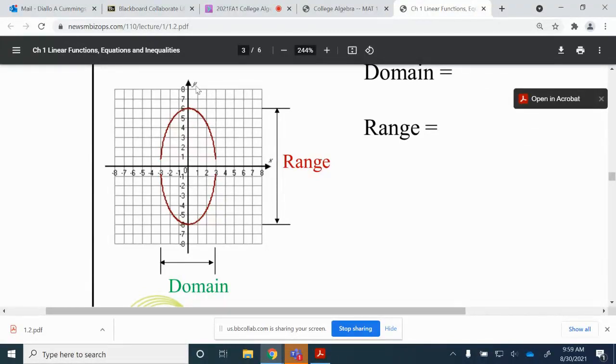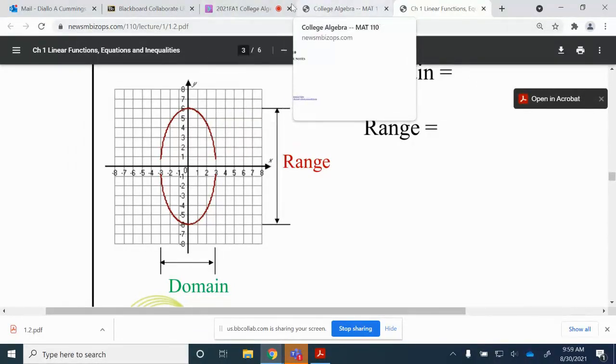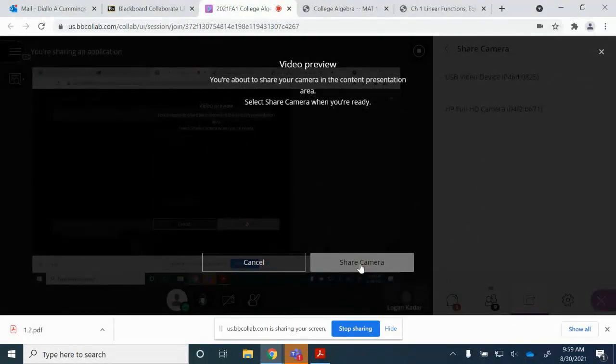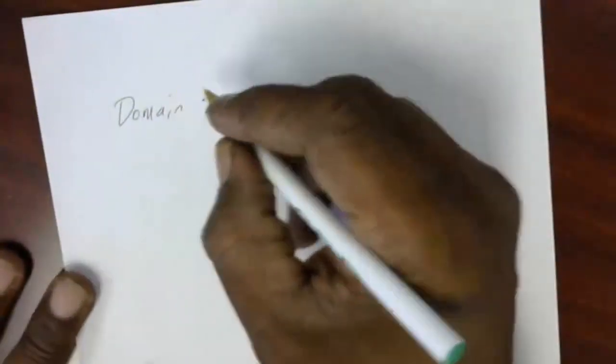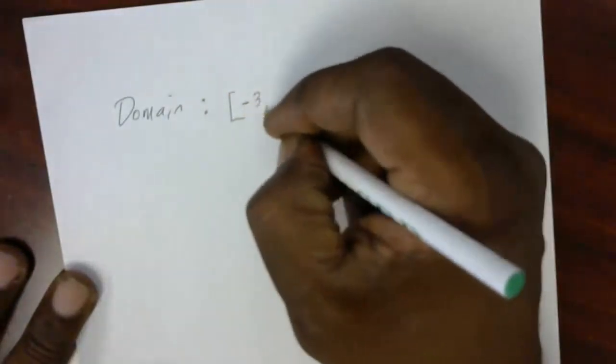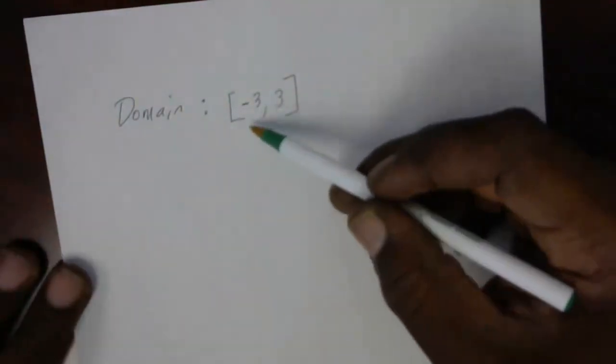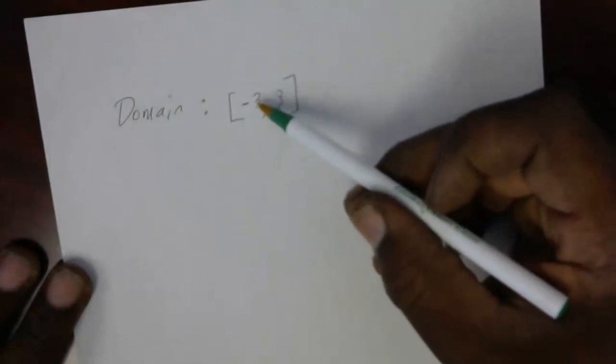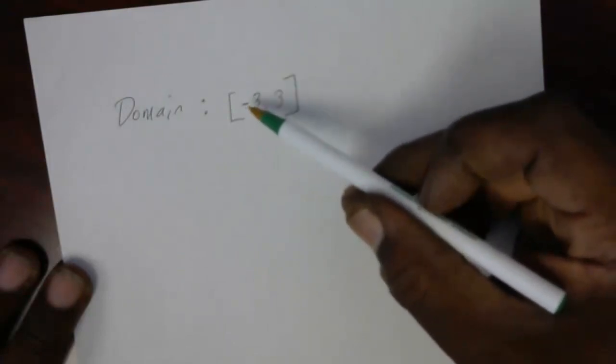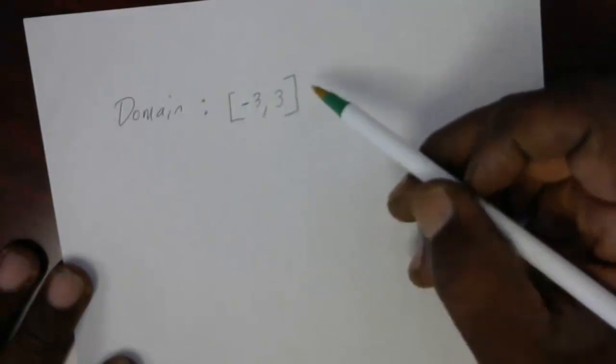All right, so I'm going to go to the document camera to actually write that out. So we would write the domain as -3 to +3. I'm using a set of brackets because the graph actually touches -3 and it actually touches +3.